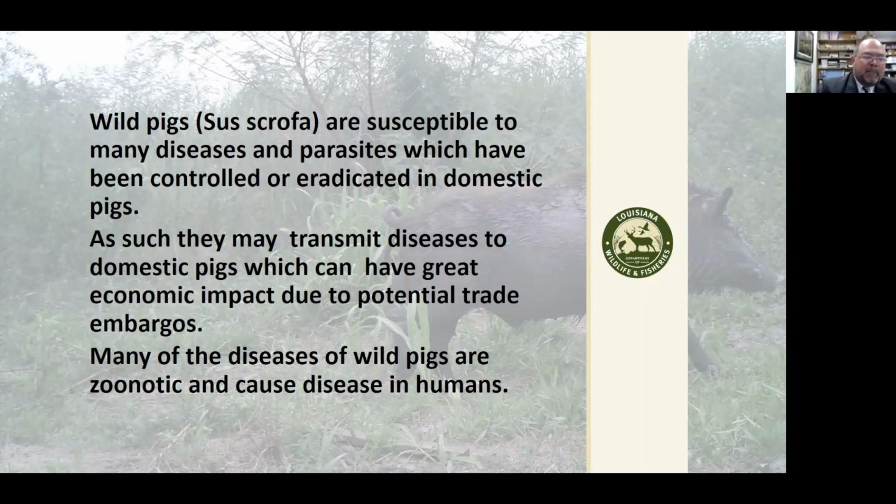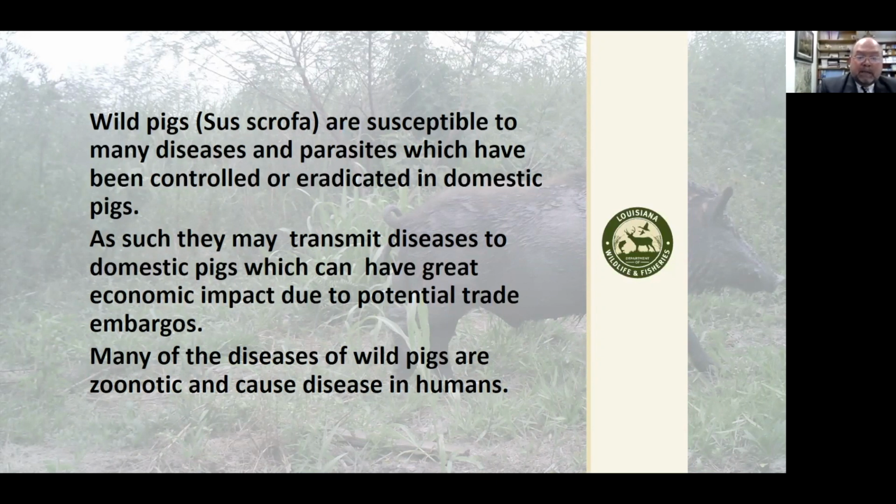If that happens, some of these diseases can result in great trade embargoes, which is a very real number that we try to prevent from happening. If we get some trade embargoes for some diseases, it can get up into billions of dollars pretty rapidly. Additionally, some of the diseases of wild pigs are zoonotic. They're contagious to humans.